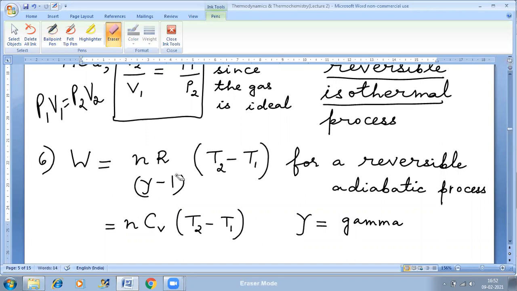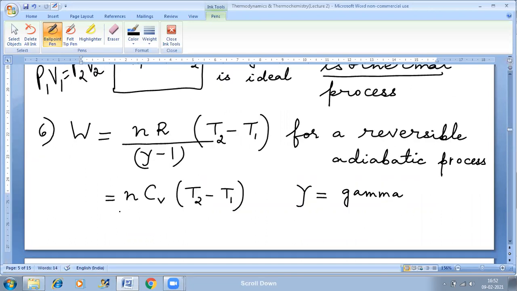Now what is this gamma? So gamma is equal to Cp upon Cv. Last time we discussed molar heat capacities. So capital C means molar heat capacity.